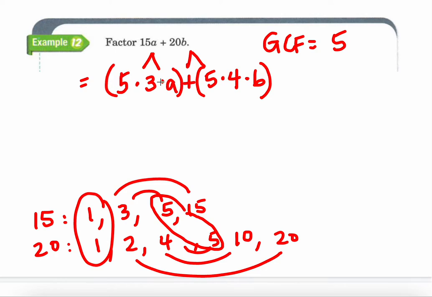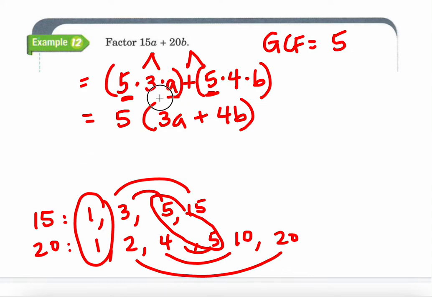So they're the same. 5 times 3 times a is the same as 15a, plus, keep the addition, 5 times 4 times b is basically just 20b. Okay, and then we're going to take out whatever they have in common. They have a 5 in common. And what's left over is 3 times a plus 4 times b. Okay, so that should be your answer.